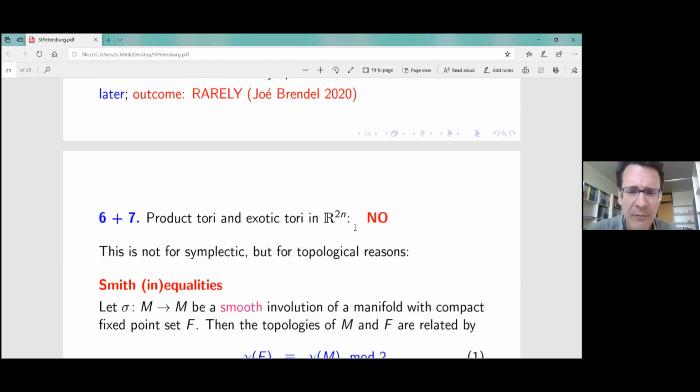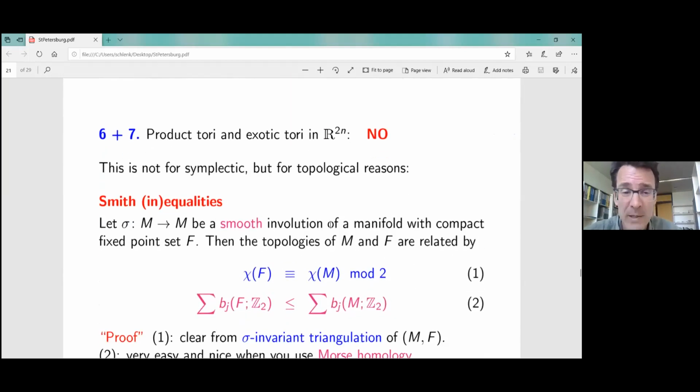And I just briefly recall this. It is actually very beautiful. It is called Smith inequalities. You probably may know that. Here I take a smooth manifold M, just a smooth manifold, doesn't need to be closed. Then I take a smooth involution, and I assume that the fixed point set is compact.